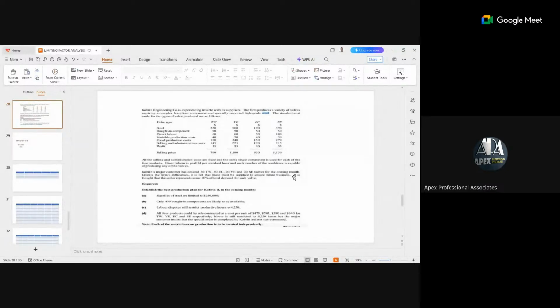This statement further says it represents 10% of total demand for each valve. It means for VE, if 10% of VE is 20, what is the 100% of VE? 200.